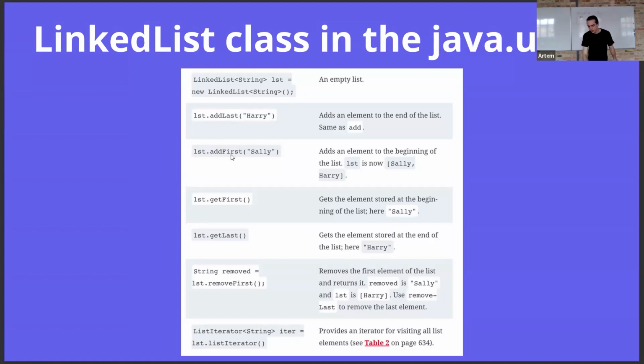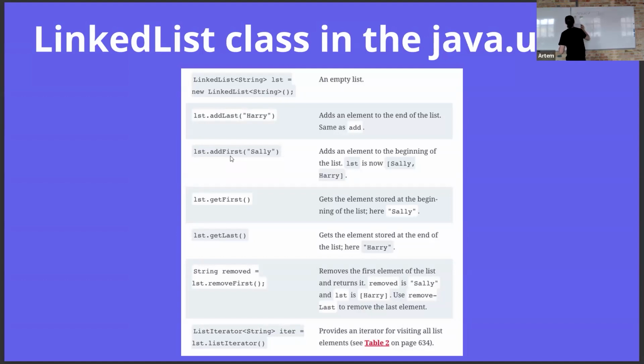Then we add first Sally. What do we need to do to add the first element? We need to create this node, and we need to link this node with our previous first one, right?